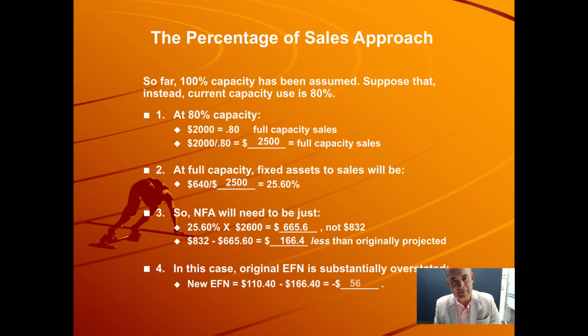So my savings, given the fact that I have a production capacity slack of 20%, my savings in fixed assets is going to be $166.4 million, which, if I subtract it from the original external financial needs, will imply a savings of $56 million.